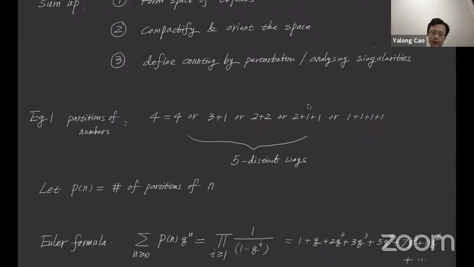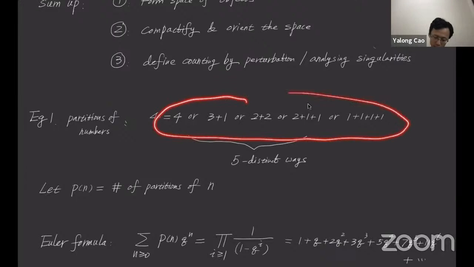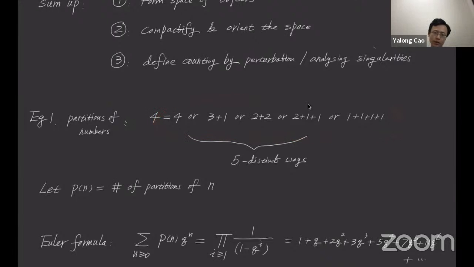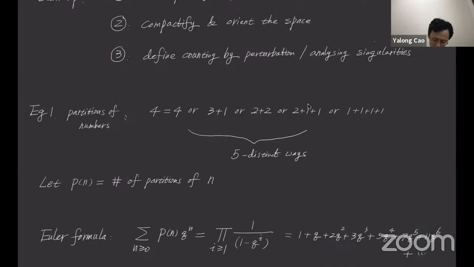So we have 5 distinct ways to decompose 4 into a summation of positive integers. So we say that the number of partitions of size 4 is 5.